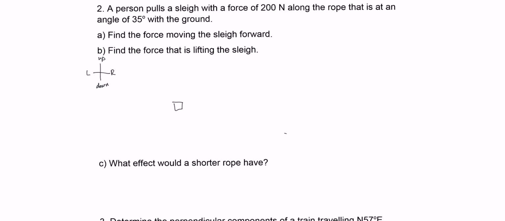And imagine I have a box and the box is being pulled, and the angle at which it forms with the ground is 35 degrees. So what we're looking for is this blue arrow here that pulls it this way, and then this red arrow here pulls it up. So you notice we've made another right triangle just like before.